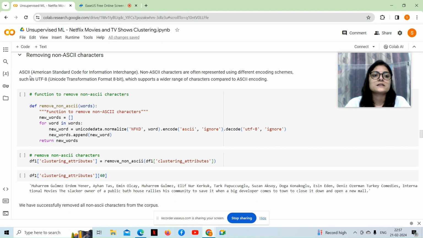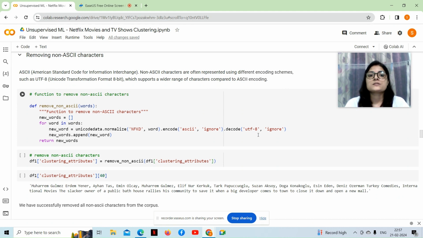So what are these ASCII characters? It's based on the American Standard Code for Information Interchange. Non-ASCII characters are basically represented using different encoding schemes such as UTF-8, Unicode Transformation Format 8-bit.